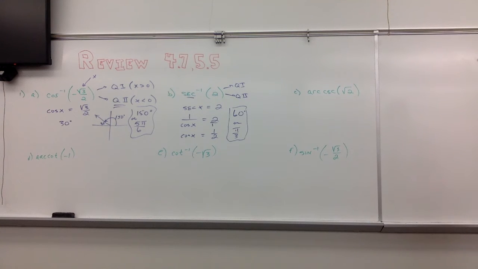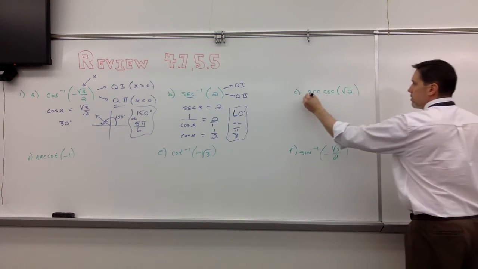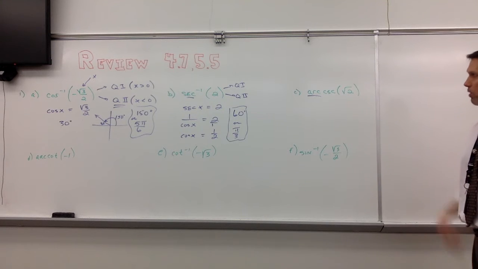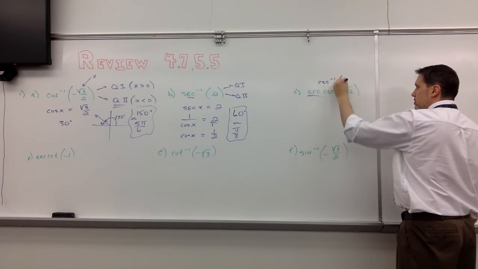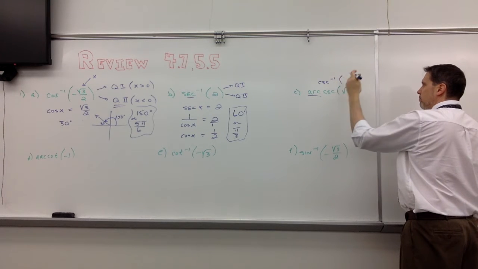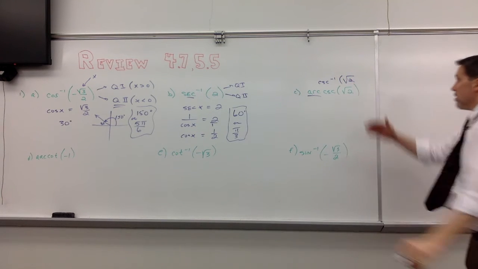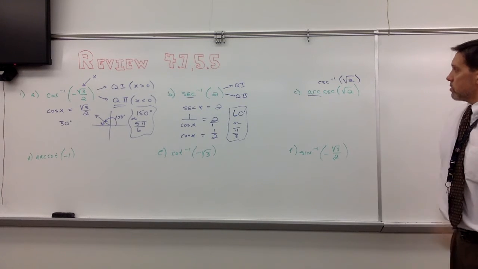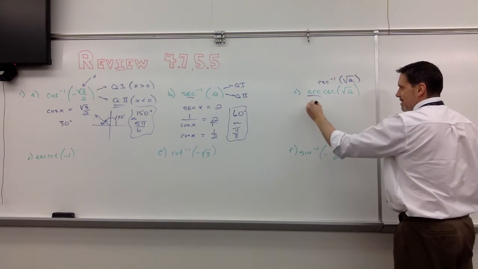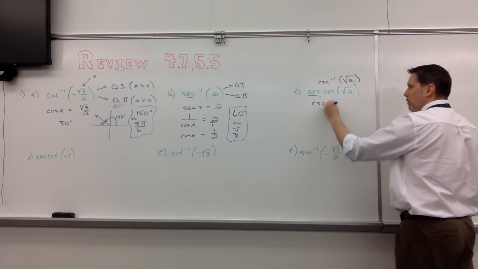Arc cosecant of the square root of 2. Again, this arc is nothing more than a simple cosecant inverse. This is the exact same problem as what's written here. So this guy, again, is not exactly one of our common ones.